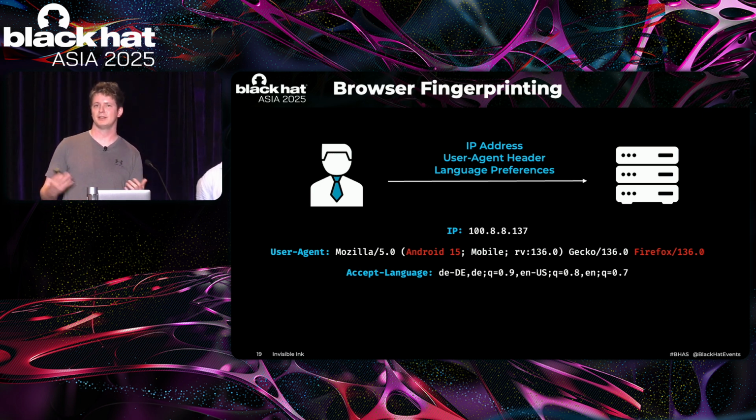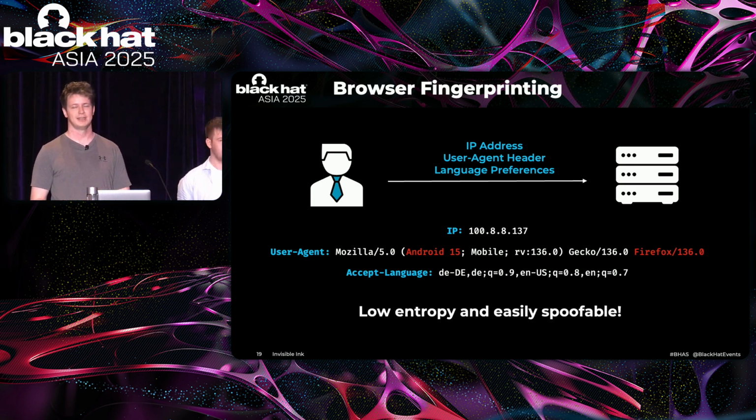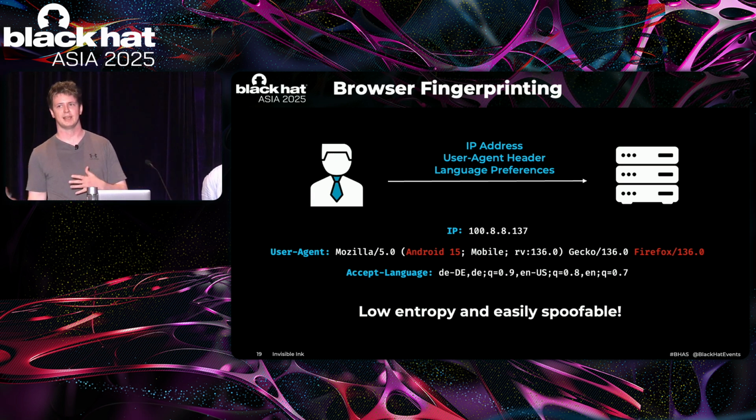On the other hand, probably a lot of us also use similar browsers, like probably a majority here is using Google Chrome or Firefox, and a lot probably share similar language settings. So the problem here is that this only has a very low entropy for a tracking entity. And it's even worse than that because it's easy to spoof, because I can just change my language settings and I suddenly look like a completely different user.